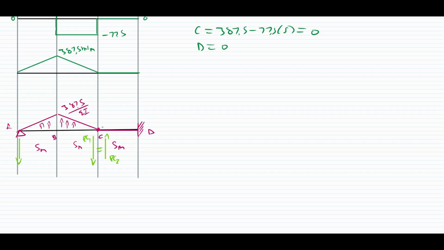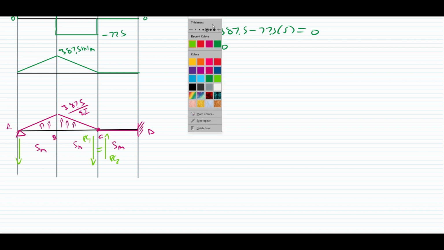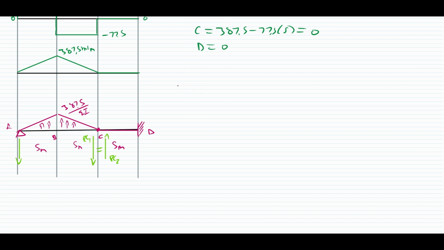You have your A and your C. Let's find our C first. The sum of moments at A, clockwise positive, equals 0. We'll only focus on this side of the beam.